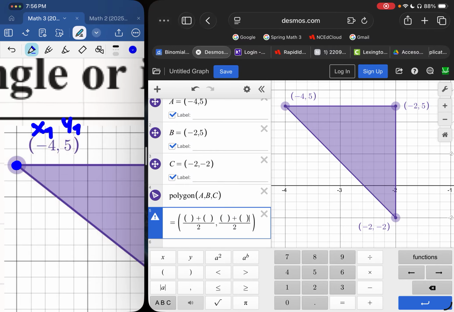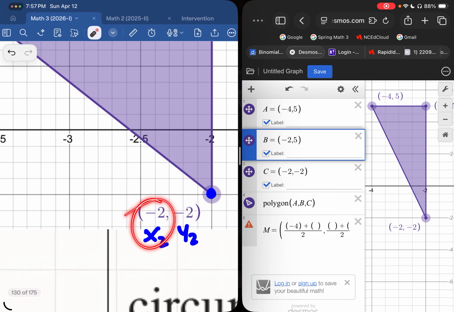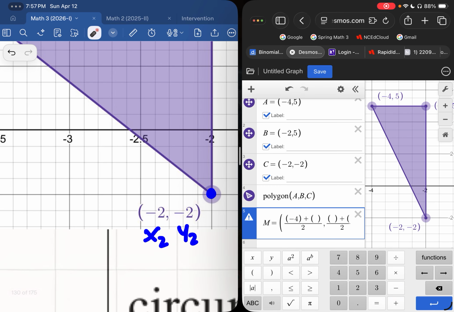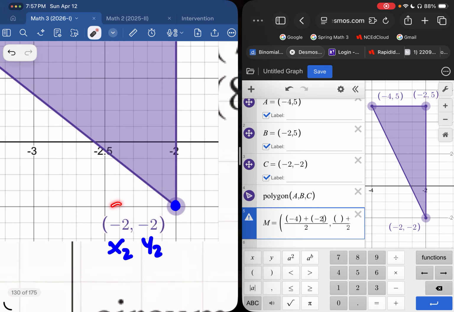So what are you gonna do? Just type this thing: x1, which is negative 4. Remember, the formula says x1 plus x2. Who is x2? Negative 2, right? Again, x1 negative 4 and x2 negative 2.